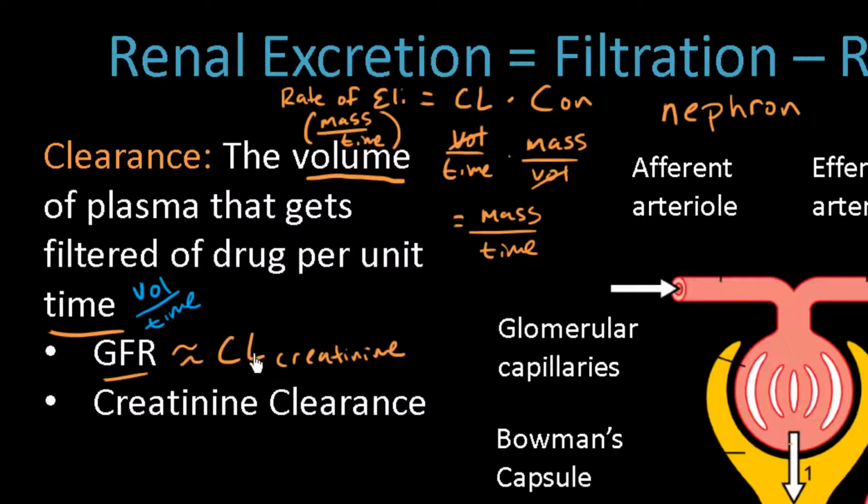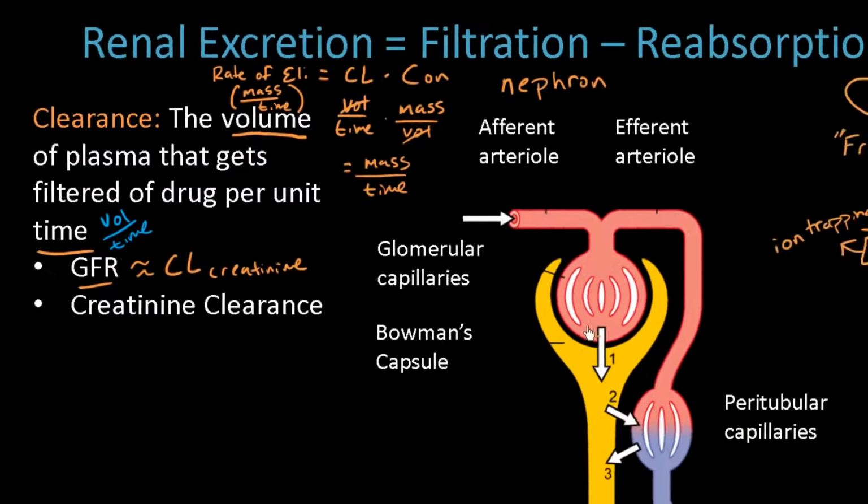So GFR is just like clearance. It's a volume over time. Whenever I want to figure out the amount of a drug entering or leaving a system over a certain period of time, I need to take that flow rate, a volume over time, and multiply it by a concentration, which has the units of mass over volume. Volume cancels out, and again I'm left with mass over time.